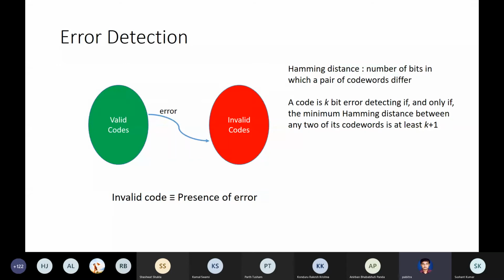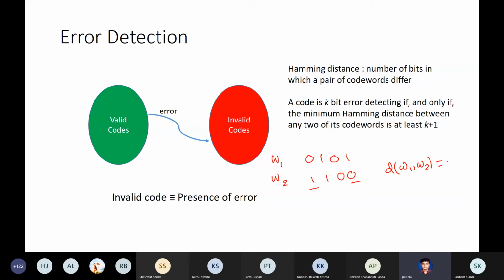So let me try to write it down. If we take two code words, say W1 is 0101, and W2 is 1100, the Hamming distance between these two, d(W1, W2), would be 2.